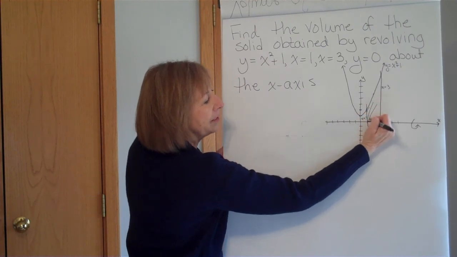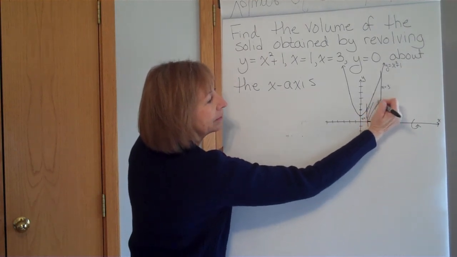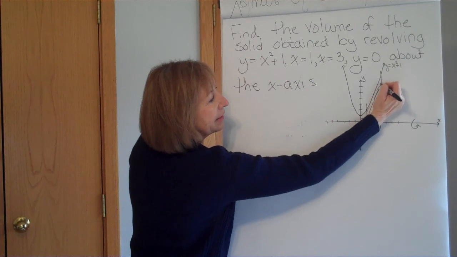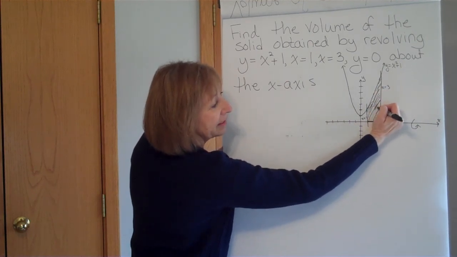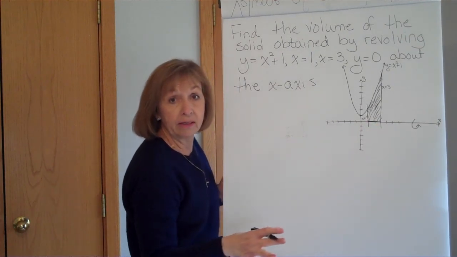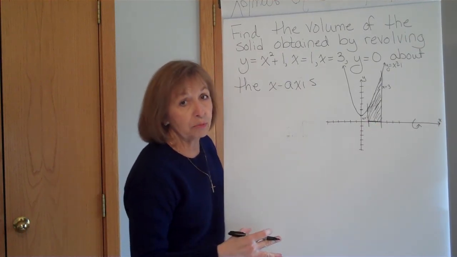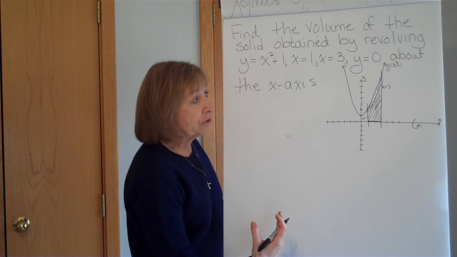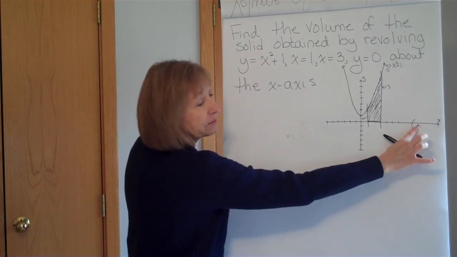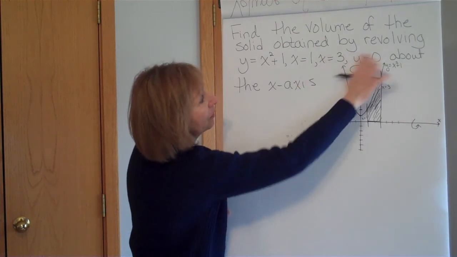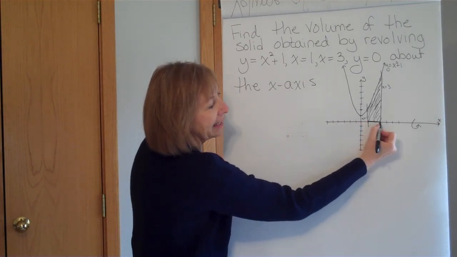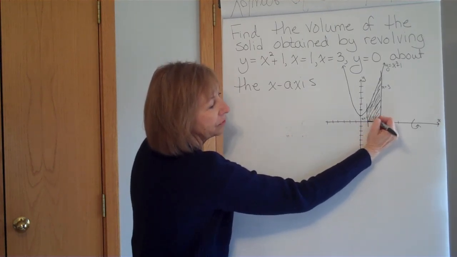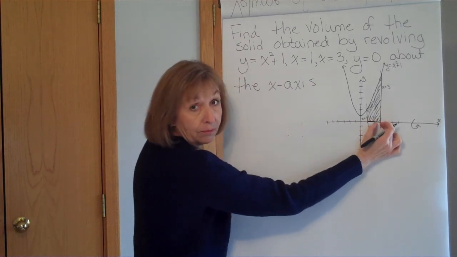So the region we're talking about is this enclosed region right here. Just like when you're doing the areas of regions, it's really important that you graph this and visualize what's happening. I'm spinning it around the x-axis as per the description of the problem, and you see how the x-axis bounds the region throughout.